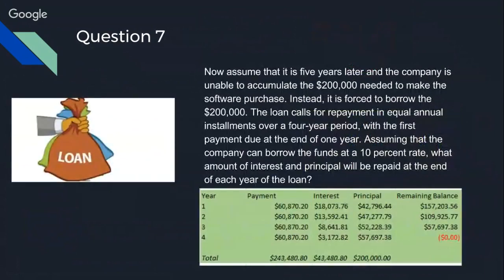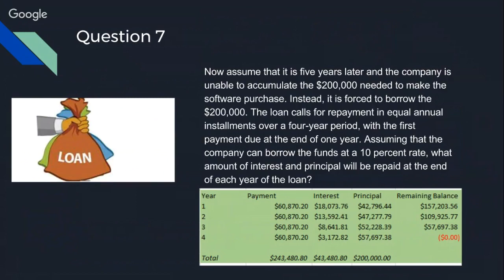Lastly, we've got question 7. It's a big, long one. So we're assuming that it's 5 years later and the company is unable to accumulate that $200,000 that they needed so badly to make that software purchase. Instead, we're forced to borrow the $200,000, and the loan calls for repayment in equal annual installments over a 4-year period, with the first payment due at the end of 1 year.